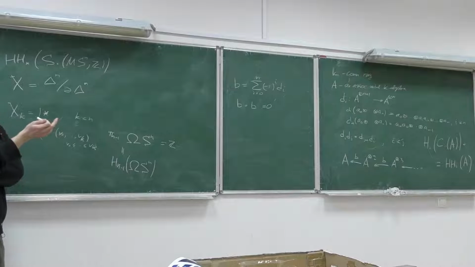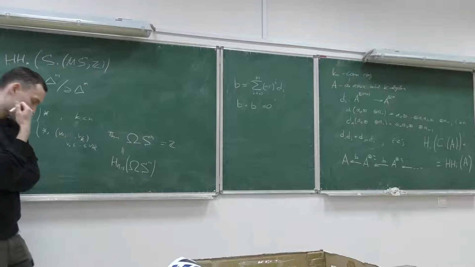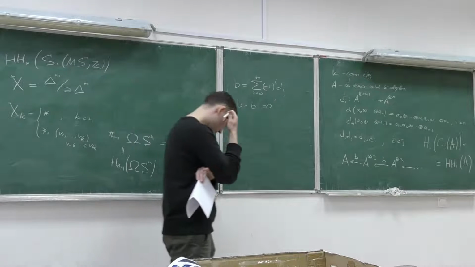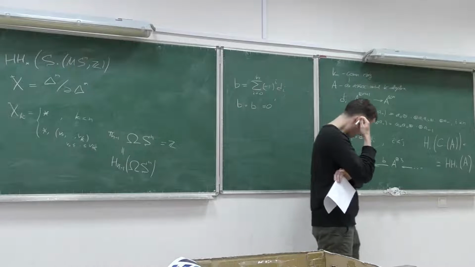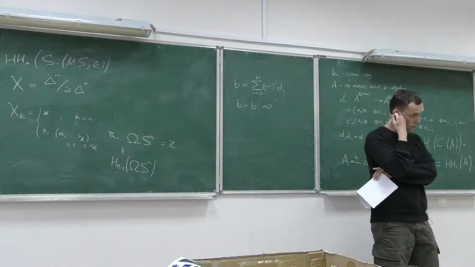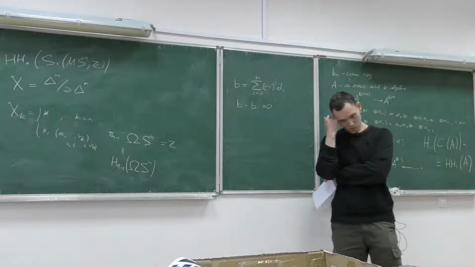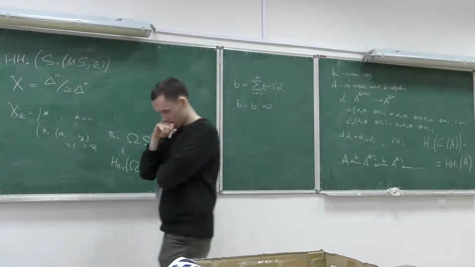So maybe with rational coefficients it doesn't matter whether it's odd or even, because I believe that for even dimensional spheres you would get some torsion, right? Maybe I need to compute something. Okay. But for n odd, it's sure. Yeah, for n odd, this is true.